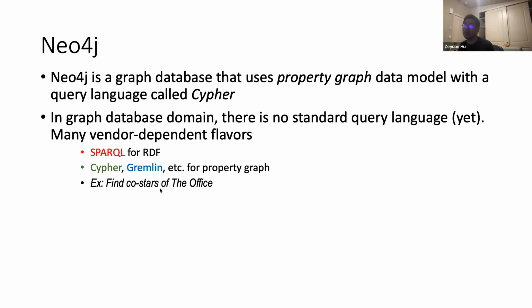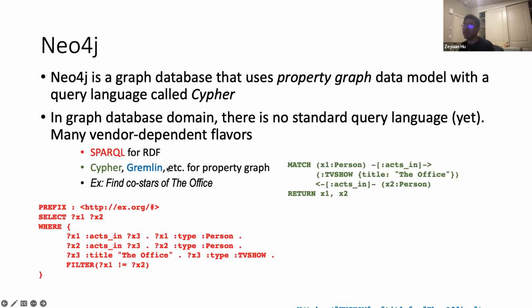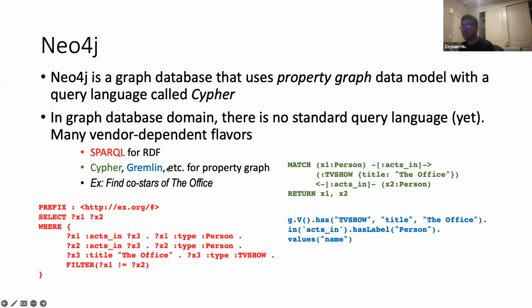For example, for RDF, the edge-labeled graph, we have a query language called SPARQL. And for the property graph, we actually have two or possibly more. One is called Cypher and the other is called Gremlin. Suppose that, given the previous model, the three-node, three-edge graph we saw earlier, we want to find the co-stars of The Office.